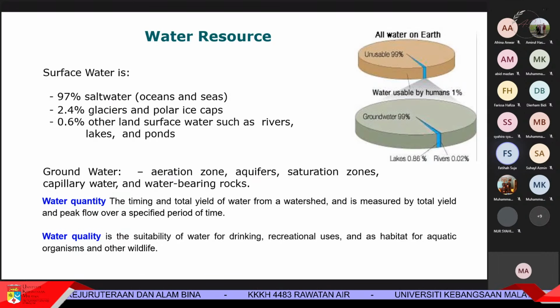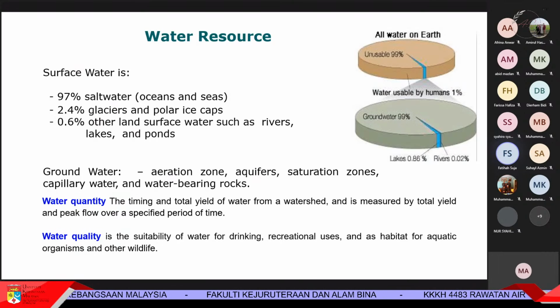This includes the aeration zone, aquifers, saturation zones, capillary water, and water-bearing rocks. Our concern is to know about the water quantity. I think you have already covered this in your subject on water resources.